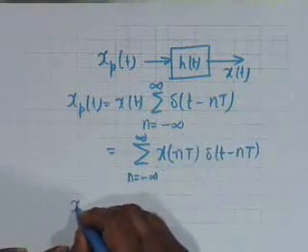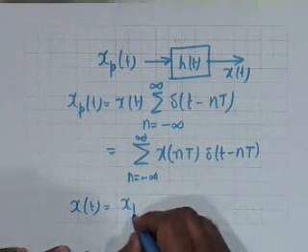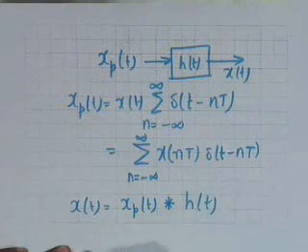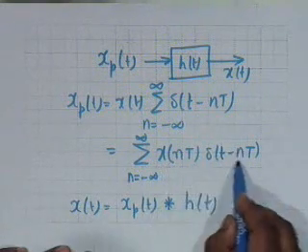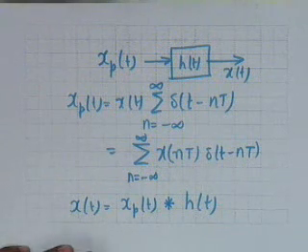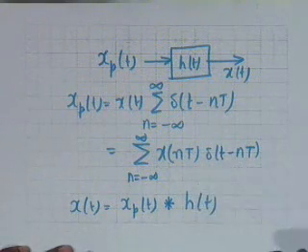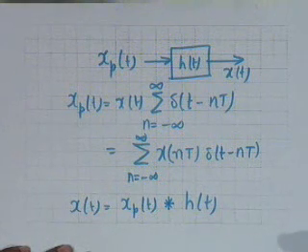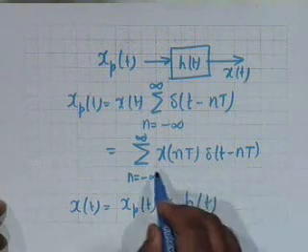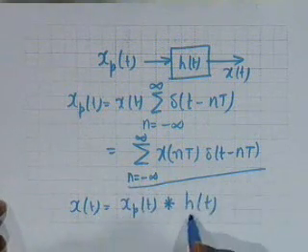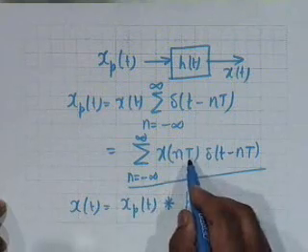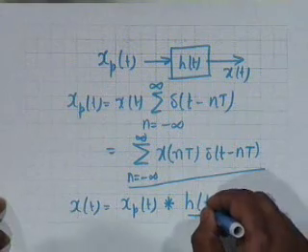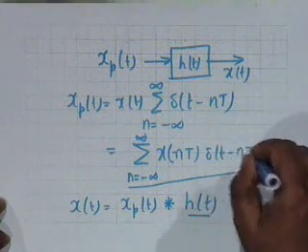Now what we are doing is x of t is x_p of t convolved with h of t, and if this convolves with h of t, all that shall happen is that the delta shall be replaced by what? Now, x of nT is a constant as far as the convolution is concerned, and therefore all you are convolving is h of t with delta of t minus nT.